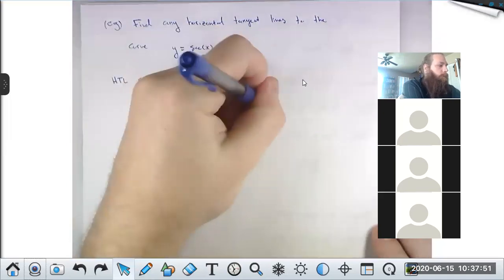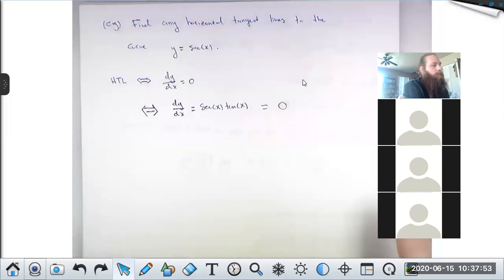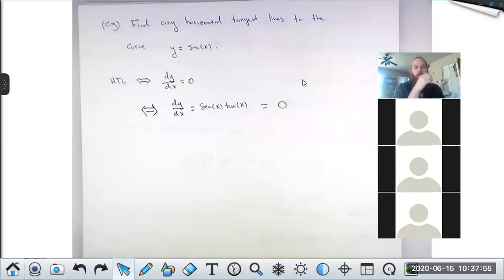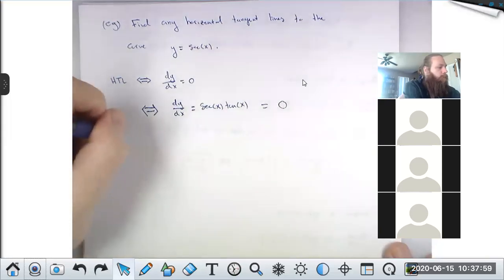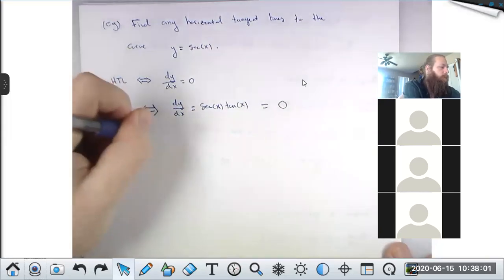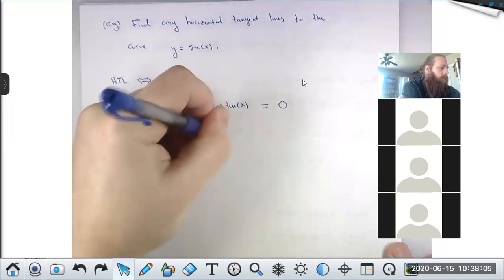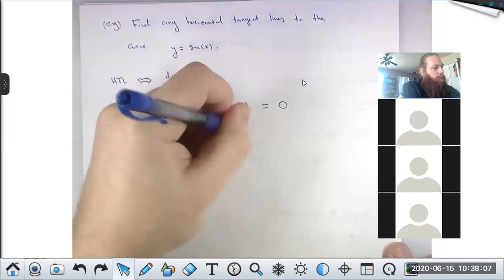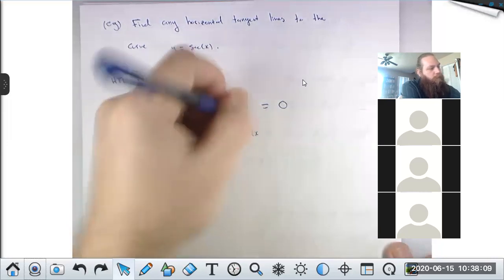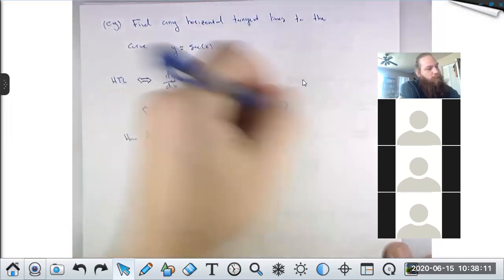So that's the thing that we're going to set equal to 0 to find out where the original has horizontal tangent lines. How do you solve the equation secant x times tangent x equals 0?